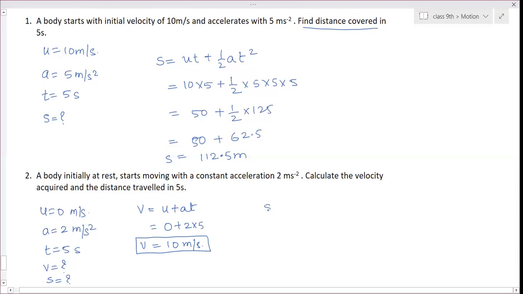And then distance covered, second equation of motion. S is equal to ut plus half AT square. 0 into 5 plus half into 2 into 5 into 5. 2 gets cancelled. 0 plus 25. That is 25 meter.